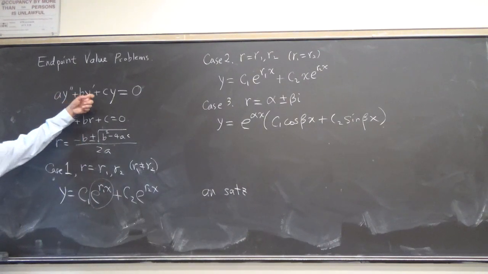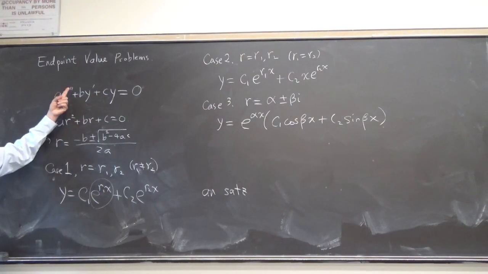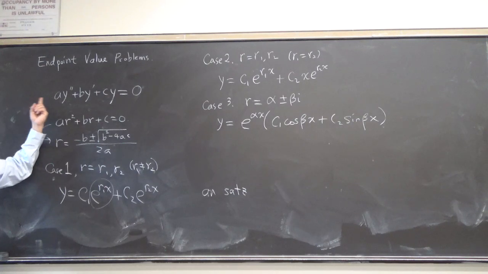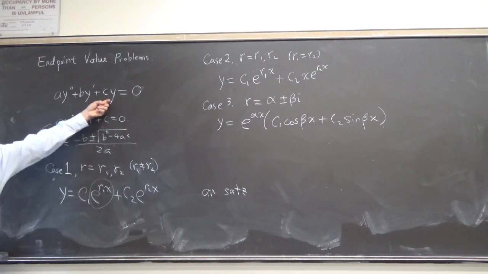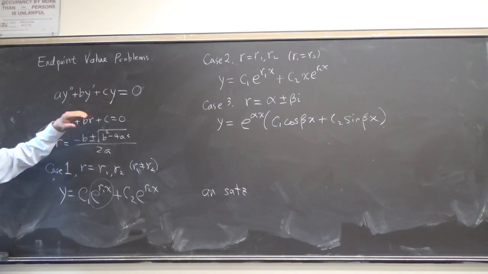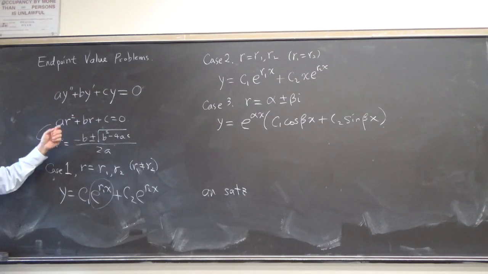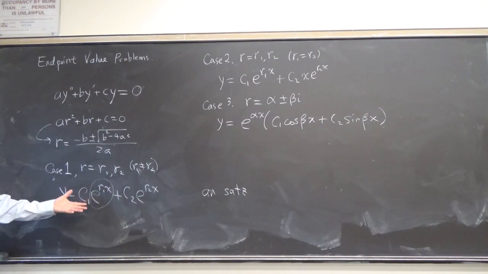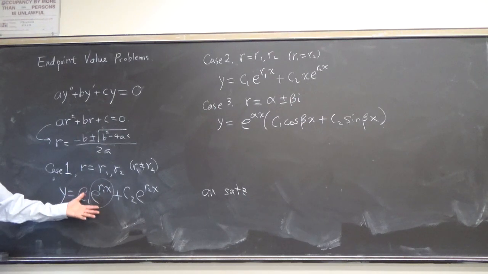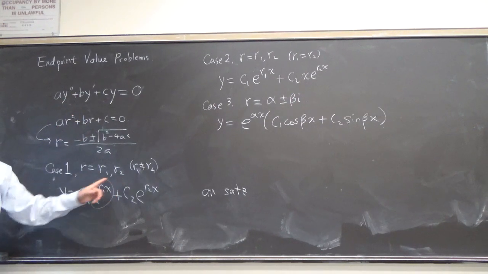You plug that in, and if you differentiate twice, r comes down twice, right? So you get r squared. When you plug this in, you get r. You plug that in, and you don't get an exponential, so you get an equation which is the characteristic equation. And once you get those values, plug them in, and then say, hey, this will solve this equation for those values of r.